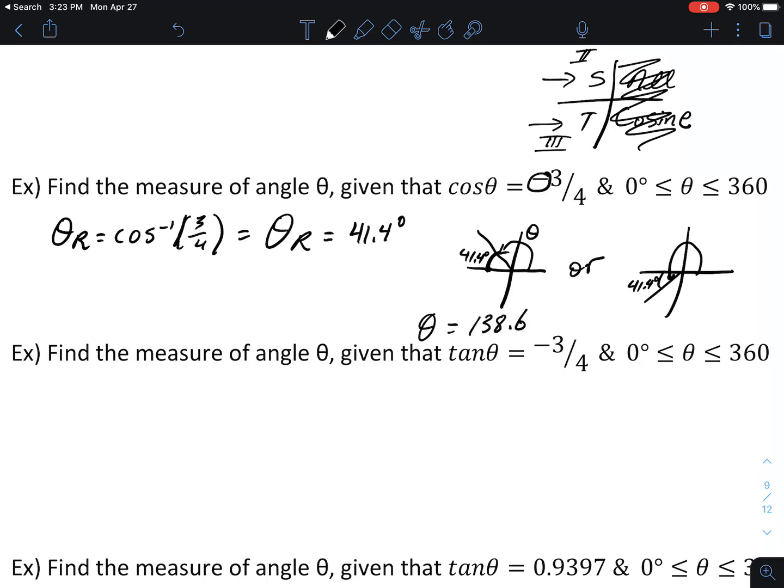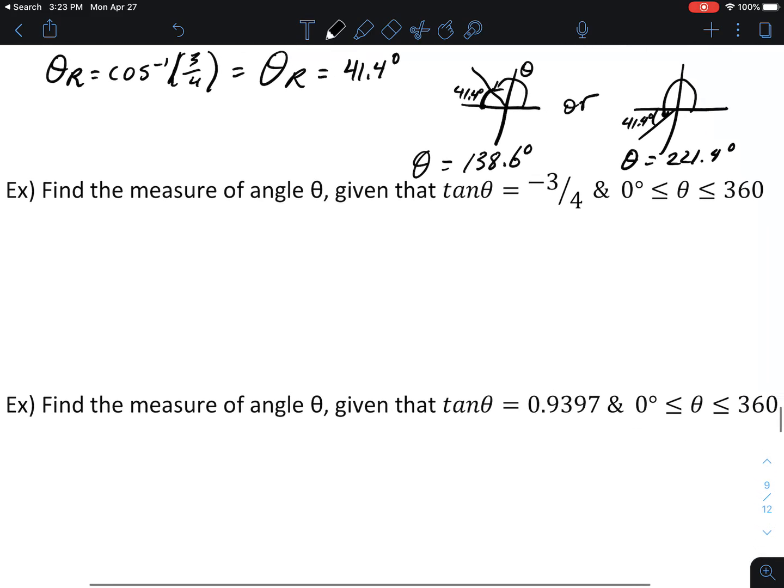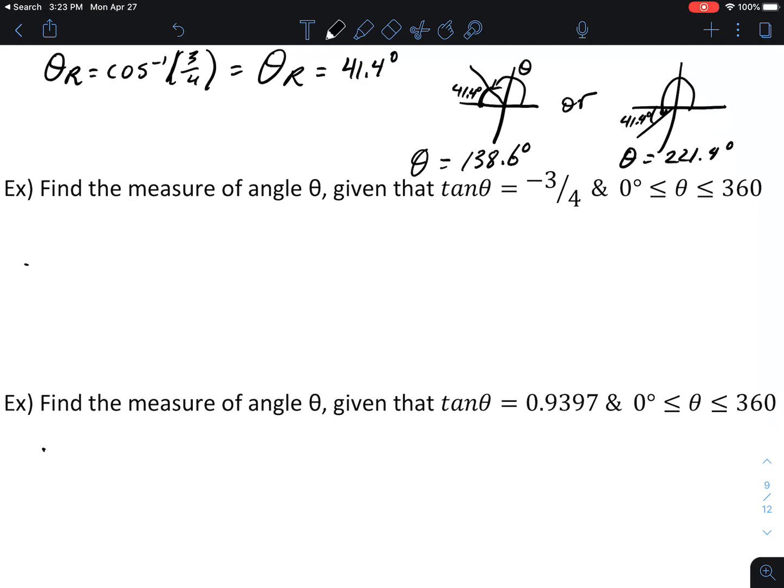So theta is 180 degrees minus 41.4, which is 138.6 degrees, or it's 180 plus 41.4, which is 221.4 degrees. So this might be an opportunity for you to pause and try these two questions. Remember, this one, tangent is negative, so where can I be? This one, tangent's positive. Where would that be? What are the two possibilities? Solve those two on your own.